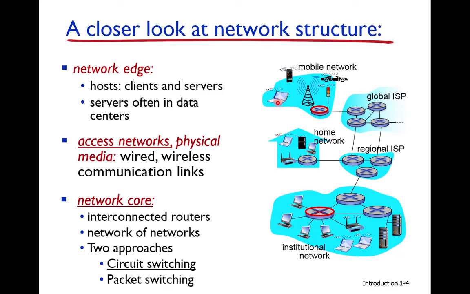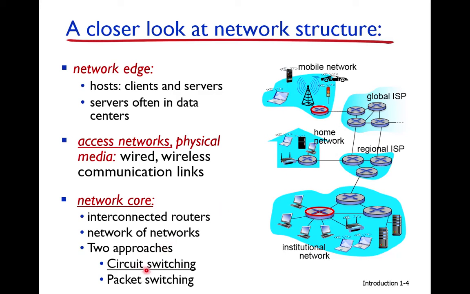And when the host sends the data, it is received by the first router. Then the first router moves the data through the network core toward the destination router. So moving the data from the source router to the destination router through the network core, there are two approaches.